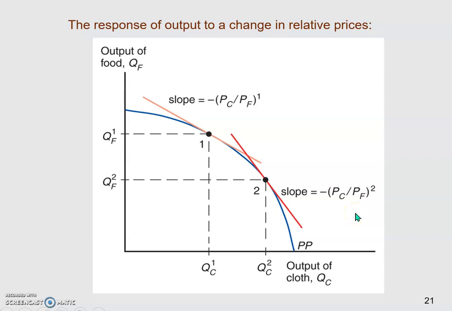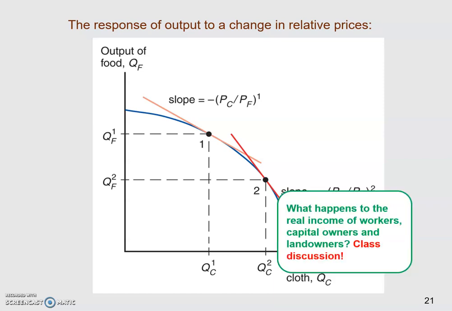All right. So here we already discussed the effect upon nominal wage, allocation of labor between the two sectors, and output of cloth and food, right? Now, the next thing we're going to talk about, which is super important for us to understand the distributional effect of international trade, is the influence of this change in relative price upon real income.